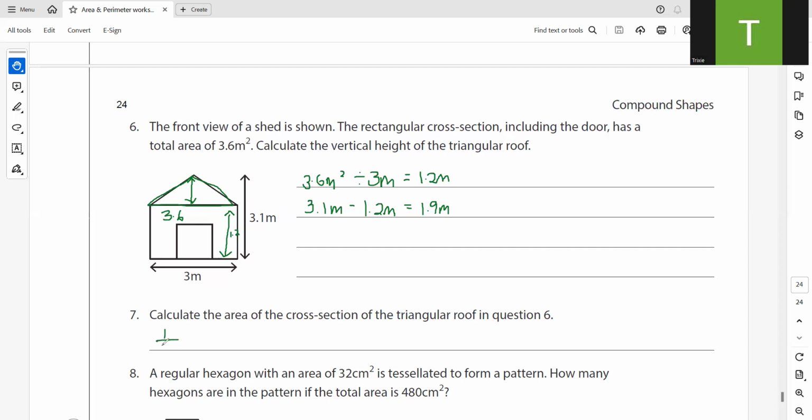So use the formula for finding the area of a triangle, 1/2 times the height, which is 1.9 meters, times the base, which is 3 meters, and you'll get 2.85 meters squared. And that's for question 6 and 7.